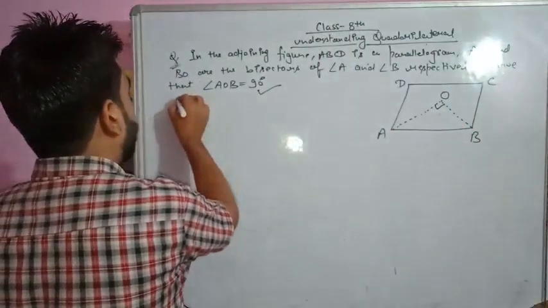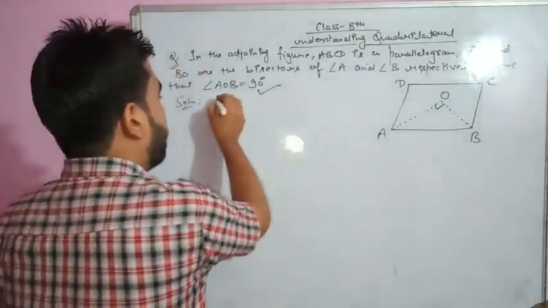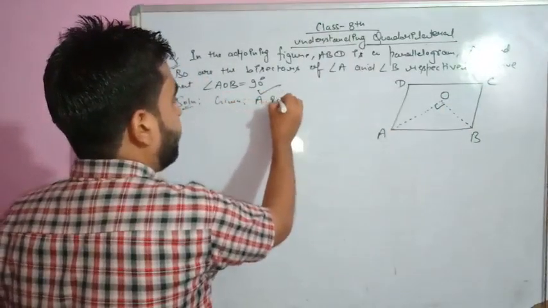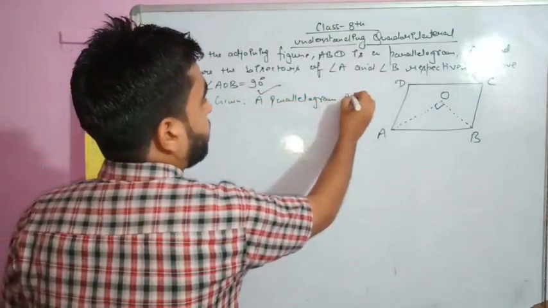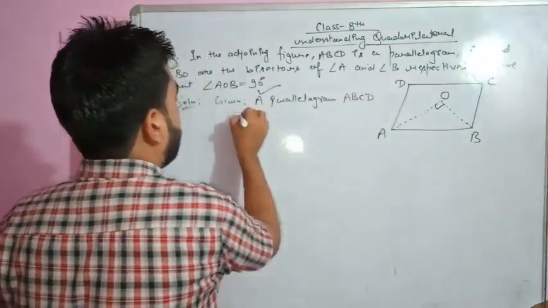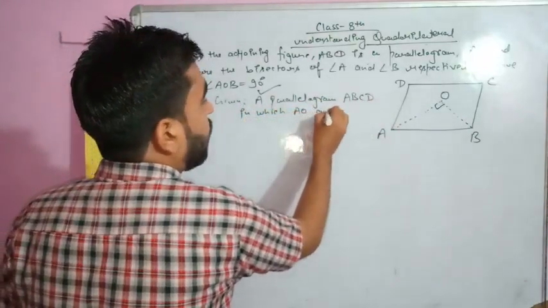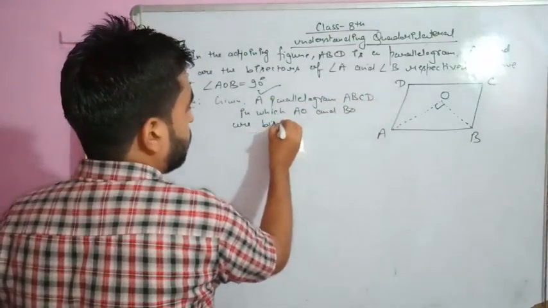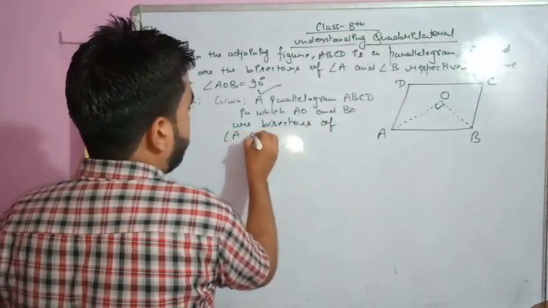So students, in such kind of question we should write two things. What is given to us? A parallelogram ABCD in which AO and BO are bisectors of angle A and angle B respectively.